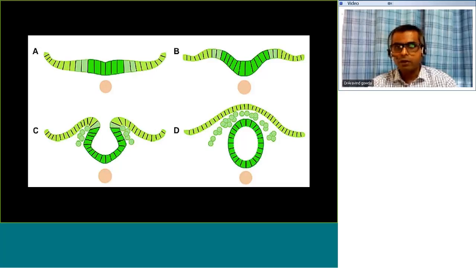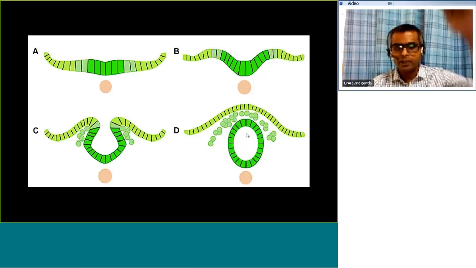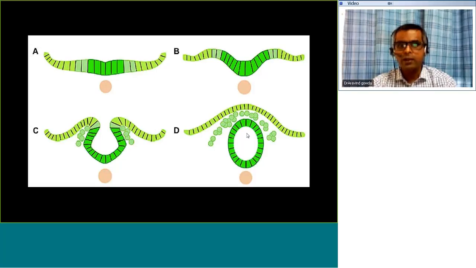This process of primary neurulation, that is the formation of the neural tube due to the fusion of the neural folds, is not one process, meaning it doesn't just start at one level and proceed to the other level. It happens simultaneously in a zipper fashion at multiple levels. Usually it is considered that it starts and ends at 5 places, so that they all fuse together.